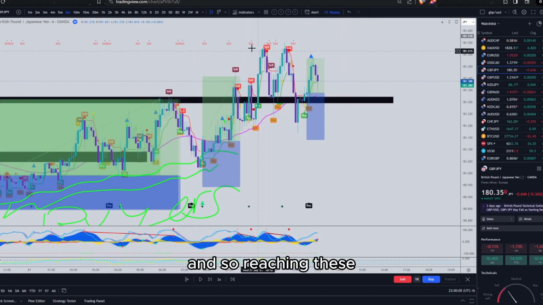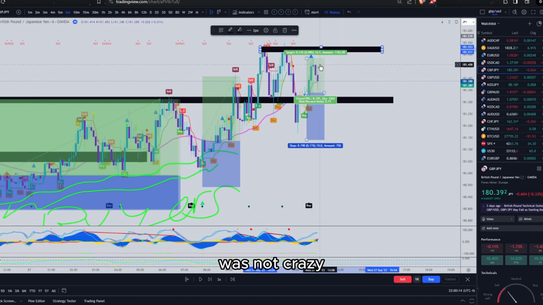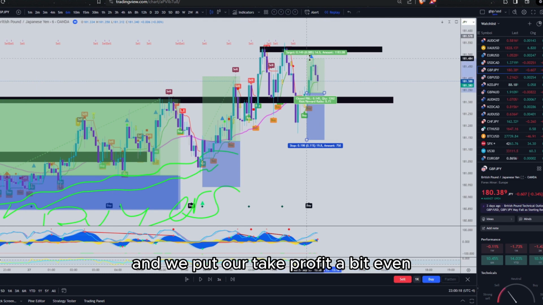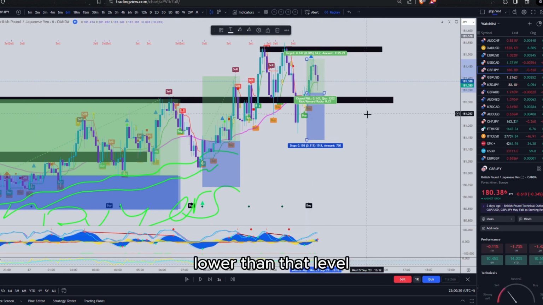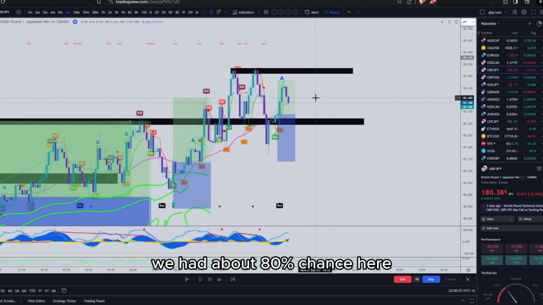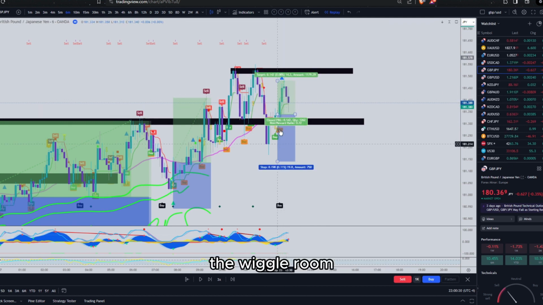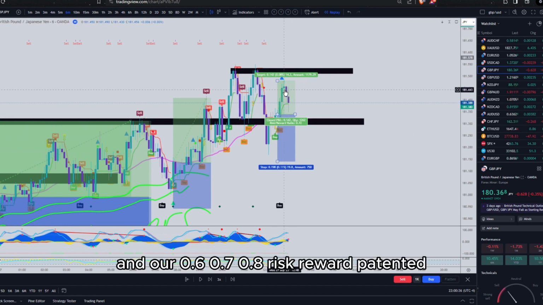And so reaching these levels here where it just recently was not crazy, and we put our take profit a bit even lower than that level, which pretty much assured us we had about 80% chance here, 80 to 90% chance of our TP hitting. First, the wiggle room, which is beautiful, and our 0.6, 0.7, 0.8 risk to reward, patented.